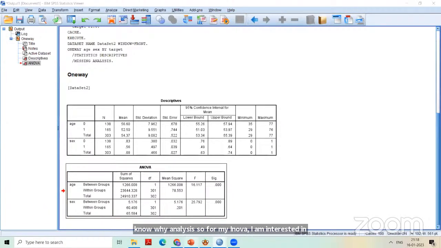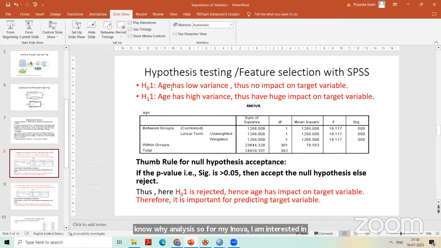My hypothesis is concerned with age, and I have this F statistic. My F statistic is 16.117. Now, this value is not low. Generally it is in three digits or in zero digits, it depends. Here we have 16.